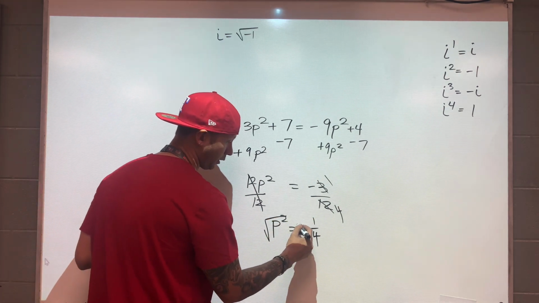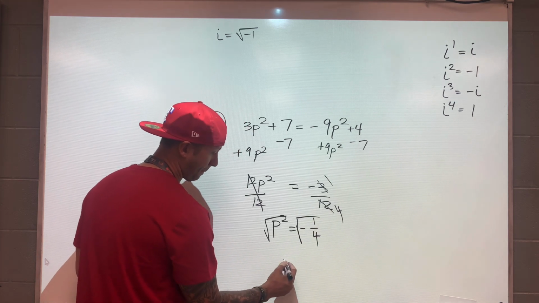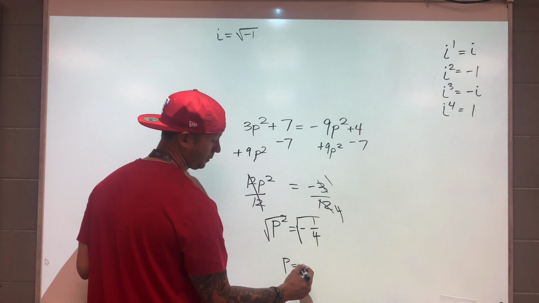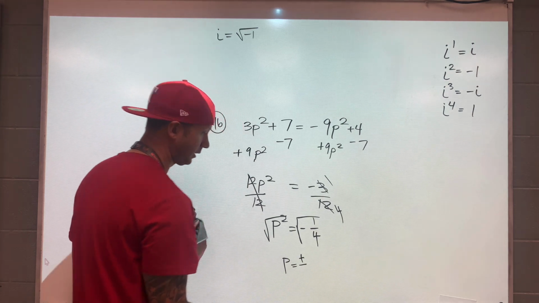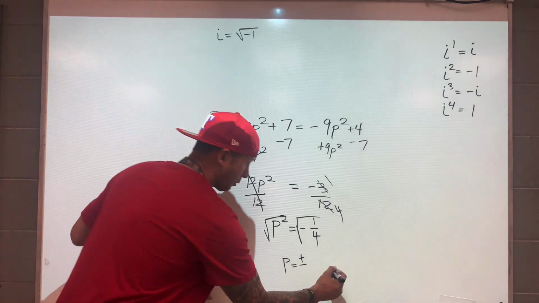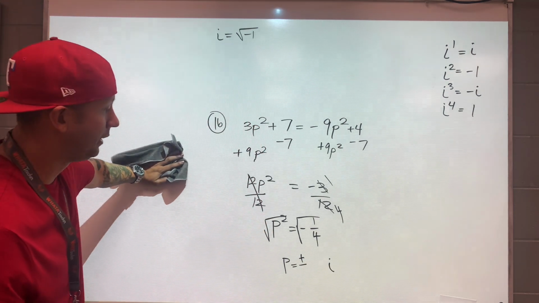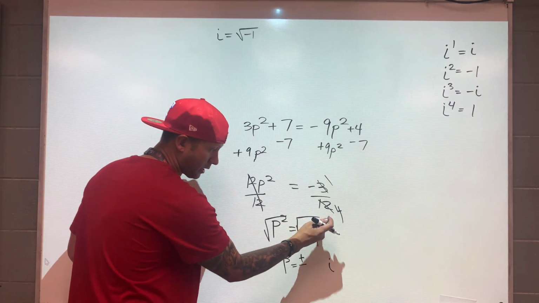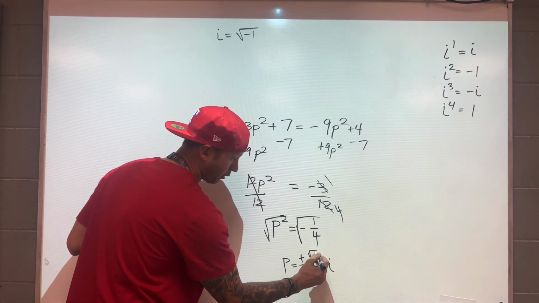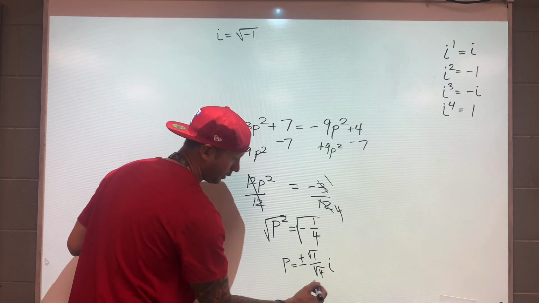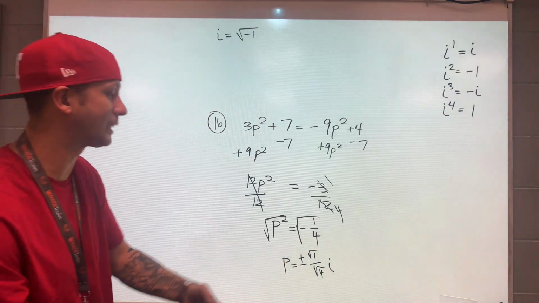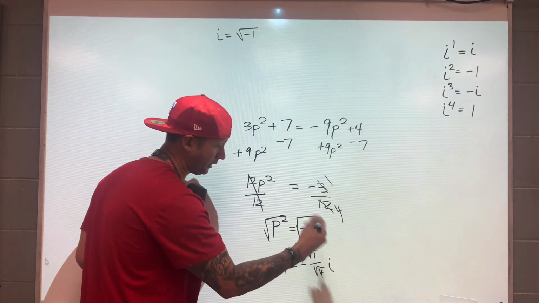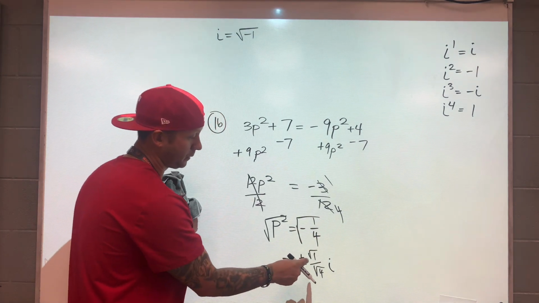So take the square root of both sides. P is equal to, plus or minus, I'm going to bring out the i, and this is where you take the square root of the top, square root of the bottom. So square root of 1 over the square root of 4. Or I can split that up. I kind of skipped over a step, but we should be pretty comfortable at this point.